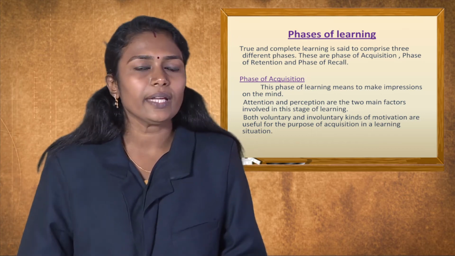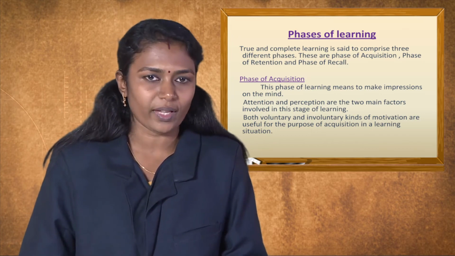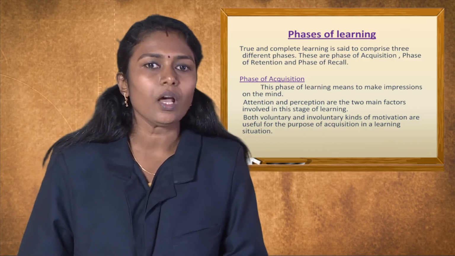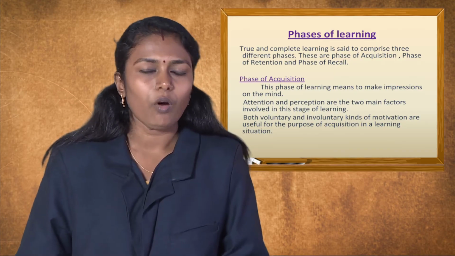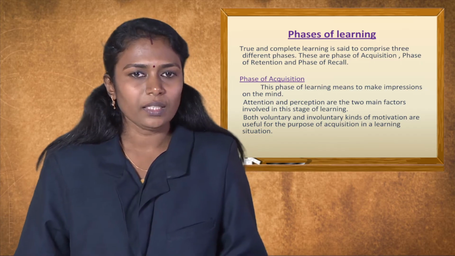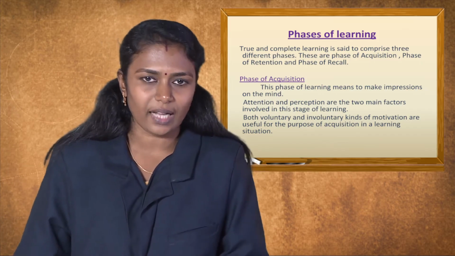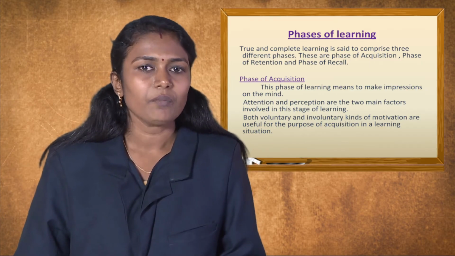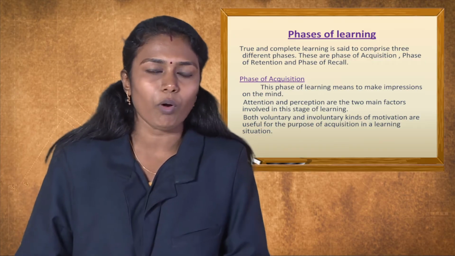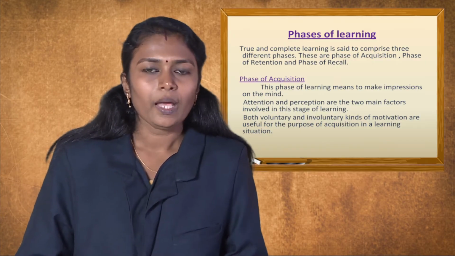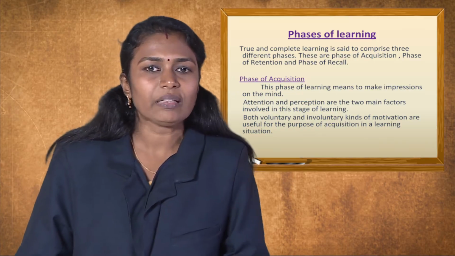A trainee can be attentive in 2 ways, voluntarily or involuntarily. Voluntarily means in his own interest he is attending the class. Involuntarily means we are giving an external motivation to him to make him attentive in the class.